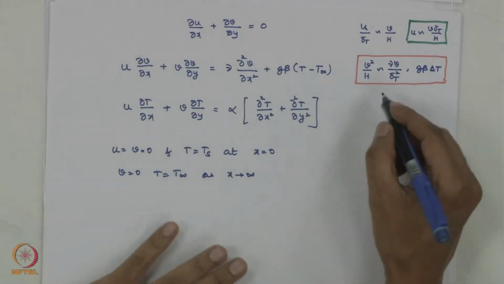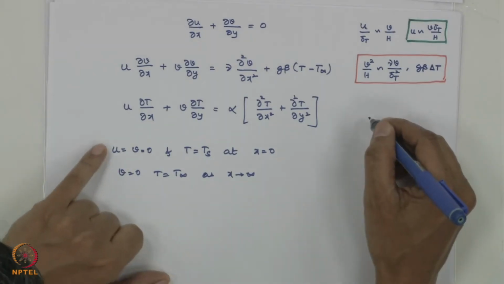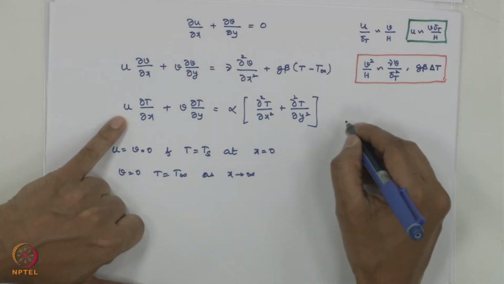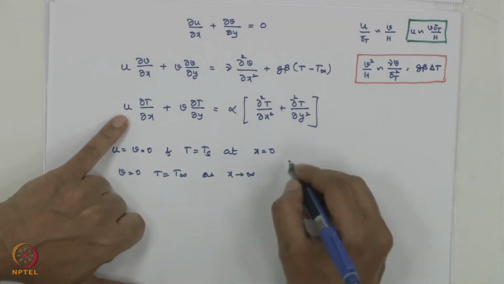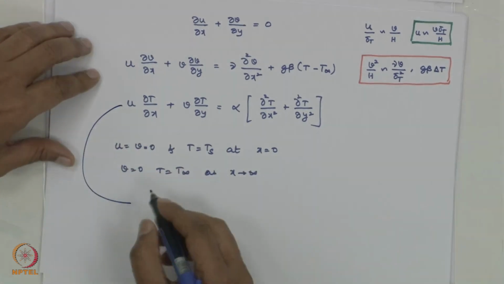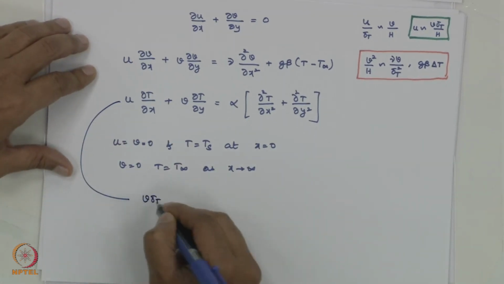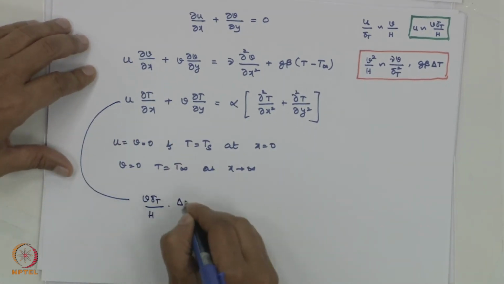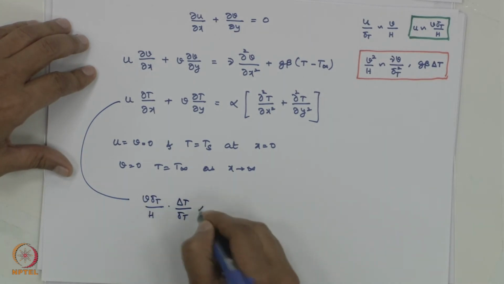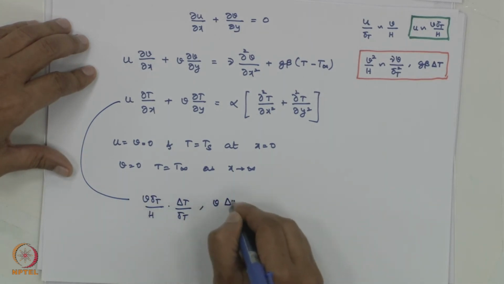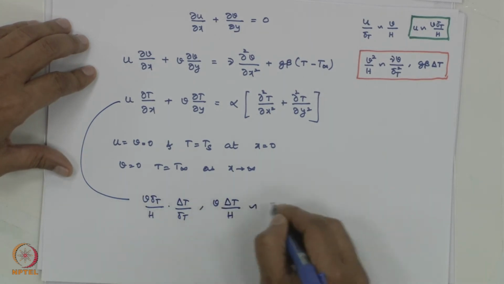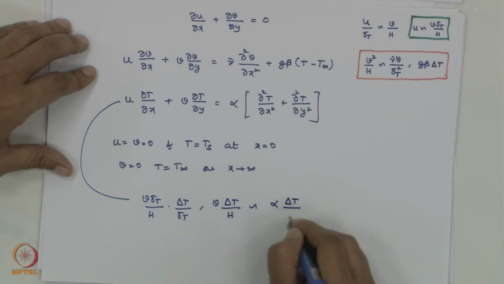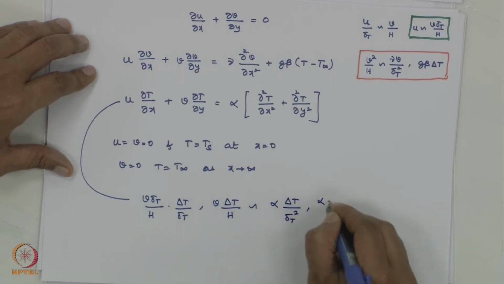Then v we have found from the energy equation. From the energy equation we will be able to find the v. U is from here, v delta t by h, delta t upon delta t, comma v delta t by h is of the order of alpha delta t by delta t squared, comma alpha delta t by h squared.